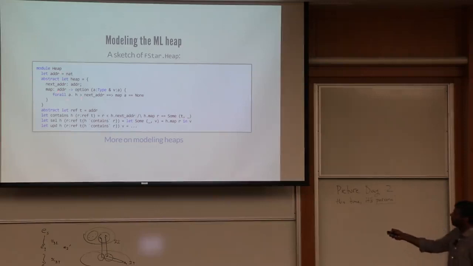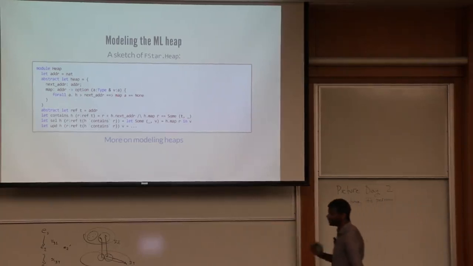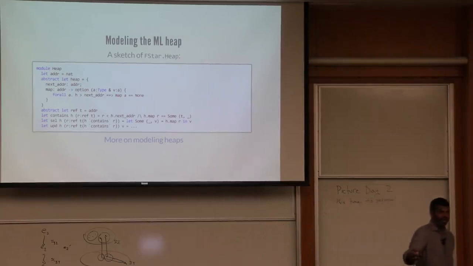And this map is a map from addresses. It's a partial map, so it's got an option there, because I still need some space to allocate, right? You should see this as a heterogeneous map. Every address in the map contains a value of a potentially different type.